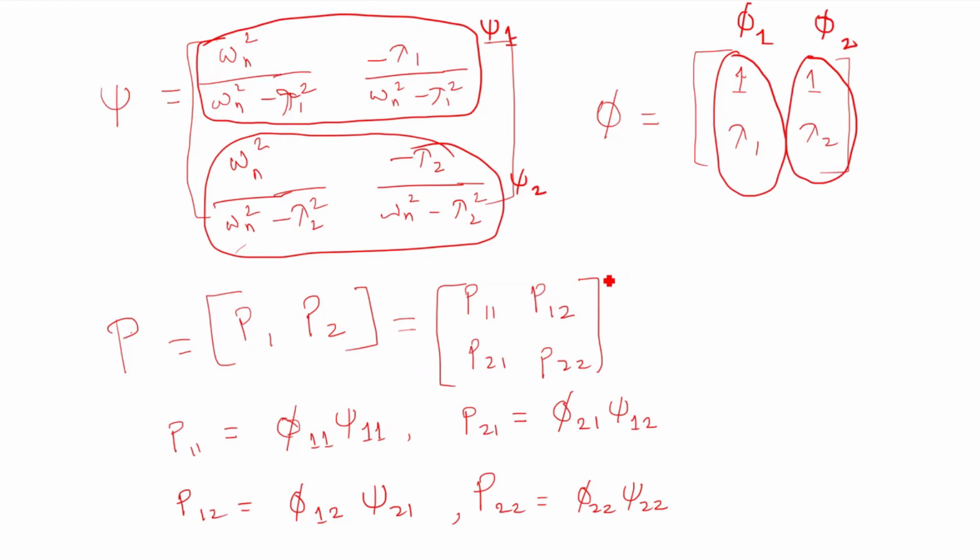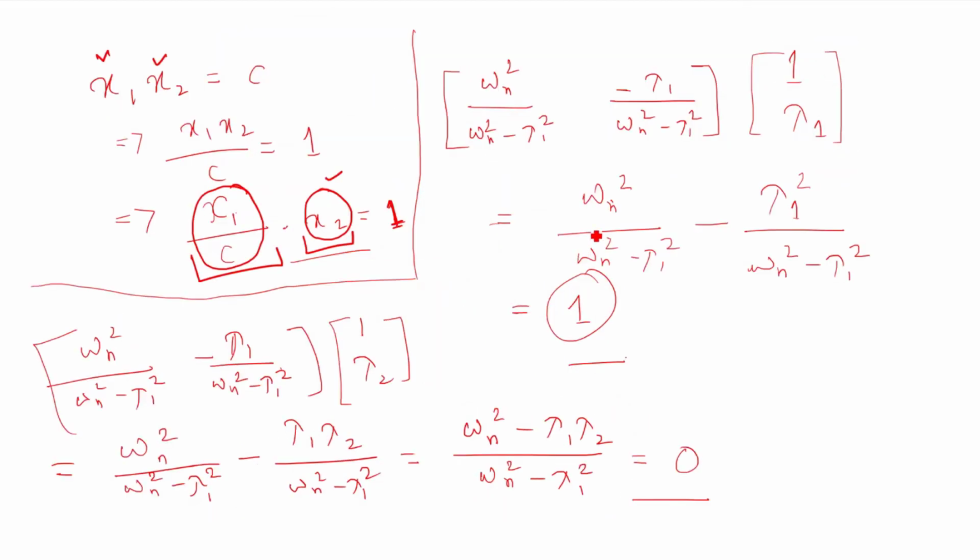So now we can do the modal analysis. Just for the purpose of checking, if I multiply here psi1 into phi1, right? That will give me 1, in fact. So it is just for checking purpose. And when I multiply psi1 into phi2 here, it will give me 0, right?